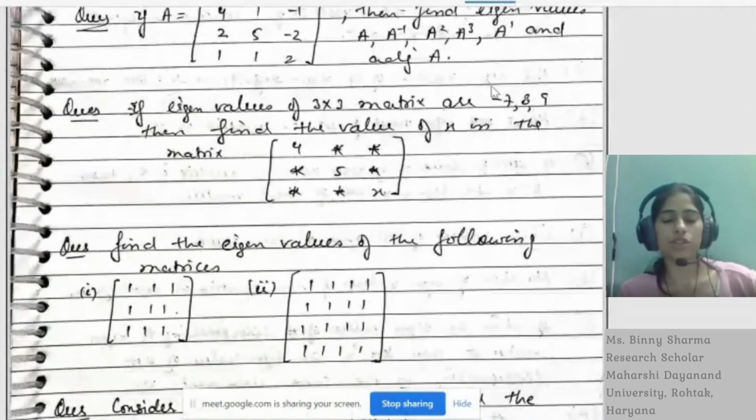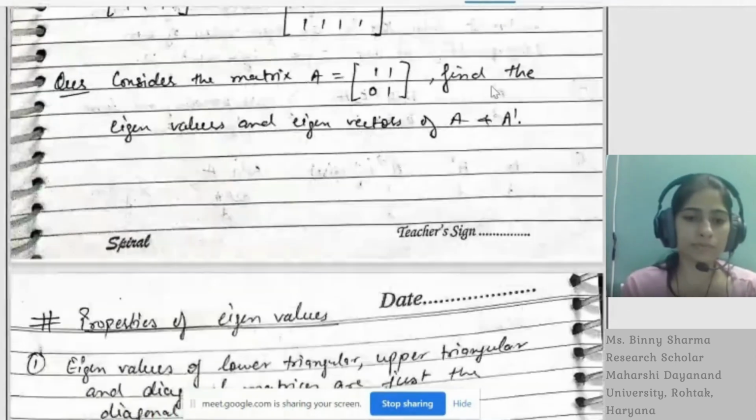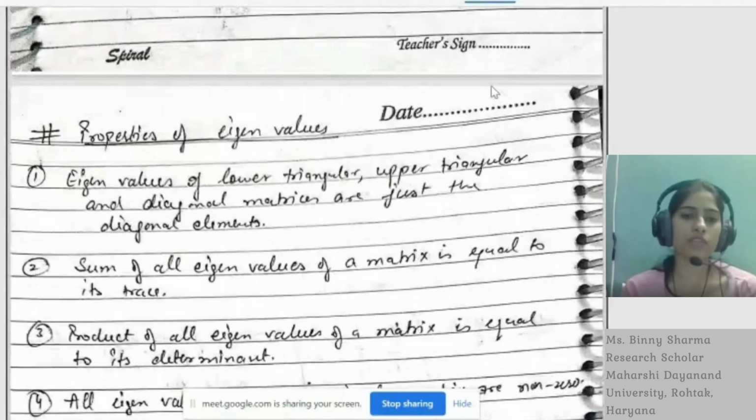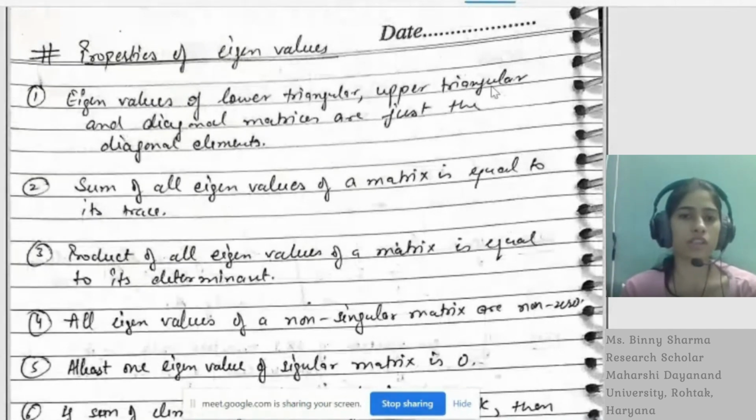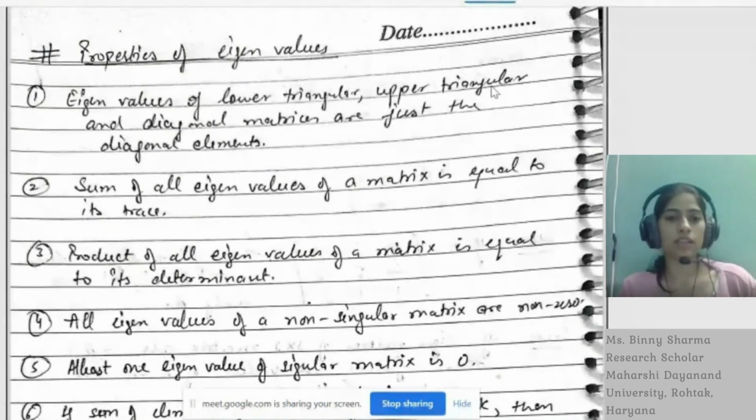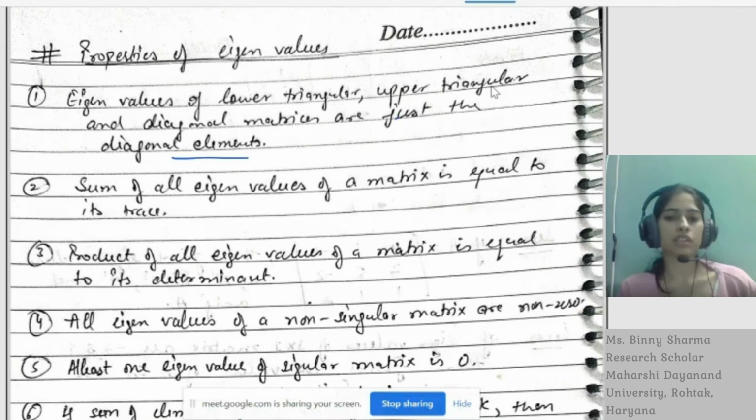Before these questions, we have to discuss properties of eigenvalues. The eigenvalues of lower triangular, upper triangular, and diagonal matrices are just the diagonal elements.